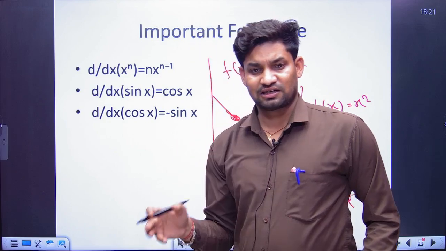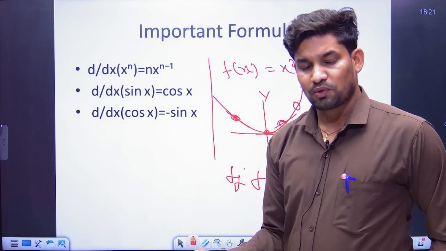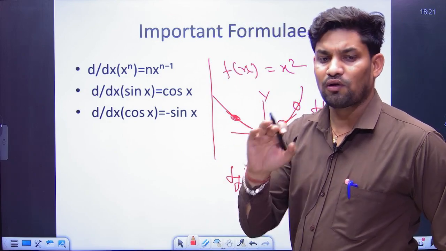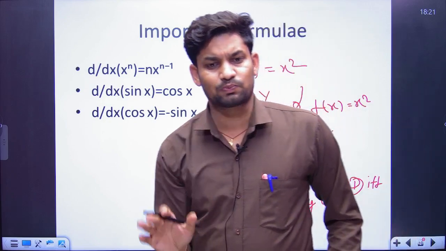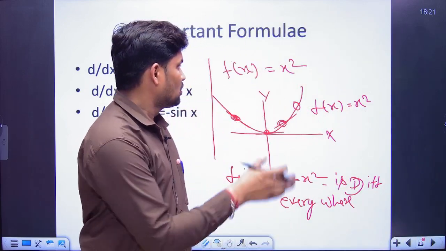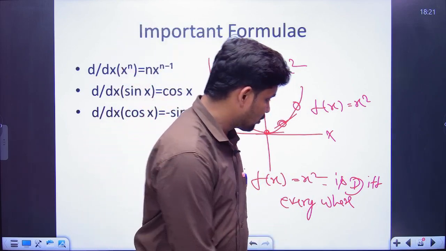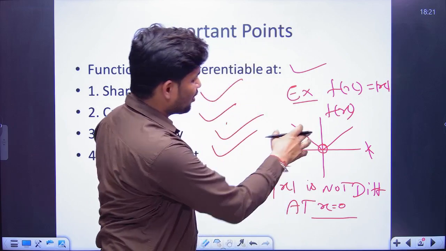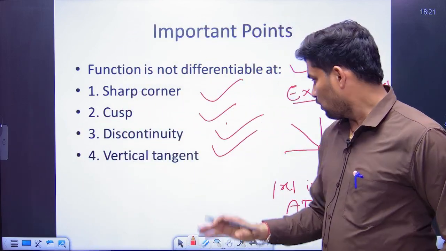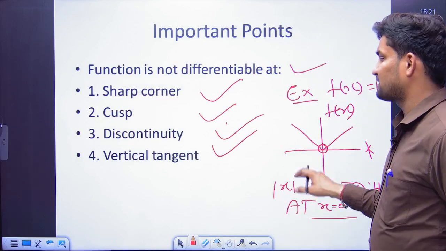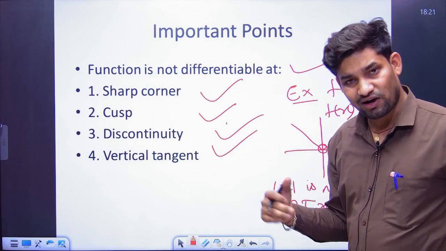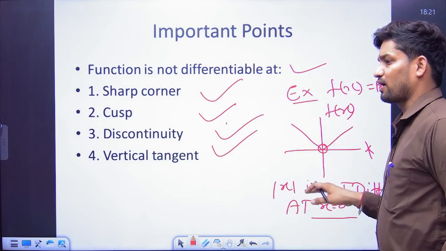It is differentiable everywhere because its graph has a unique tangent at every point. We also saw that f(x) equal to mod x is not differentiable at x equal to 0, because the graph of mod x has a sharp corner at x equal to 0.